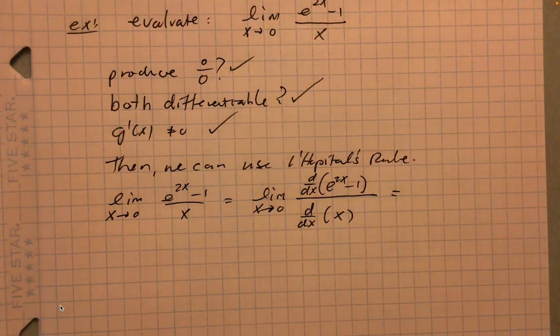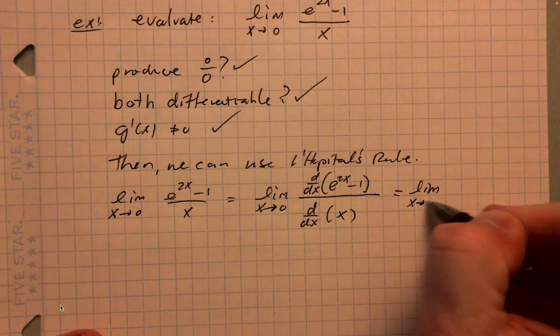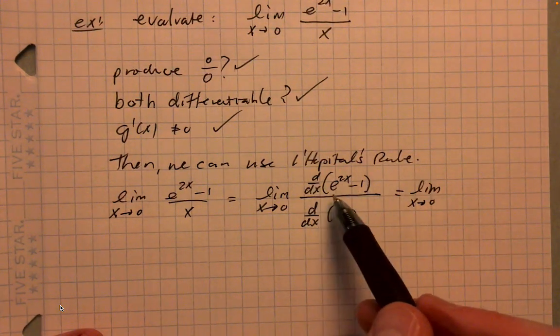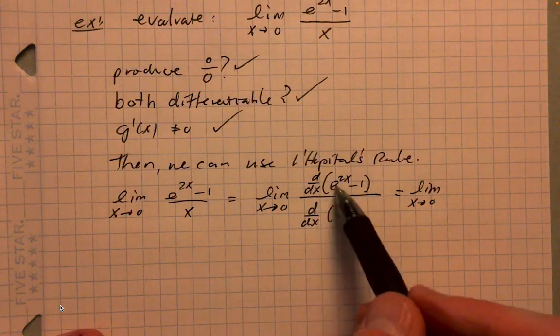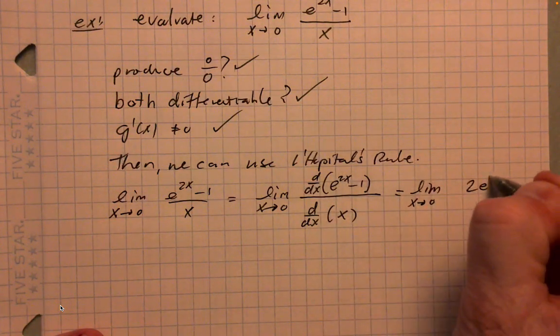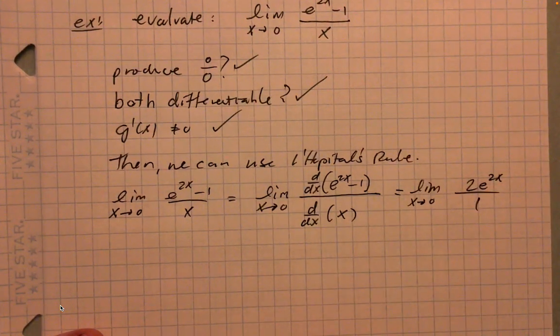I'm being very intentional with all of this notation here. And so we can differentiate these easily. The derivative of e to the 2x minus 1 will just be what? 2 is the chain rule on this front piece here, so there'll be 2e to the 2x. And then down here we just have a 1.